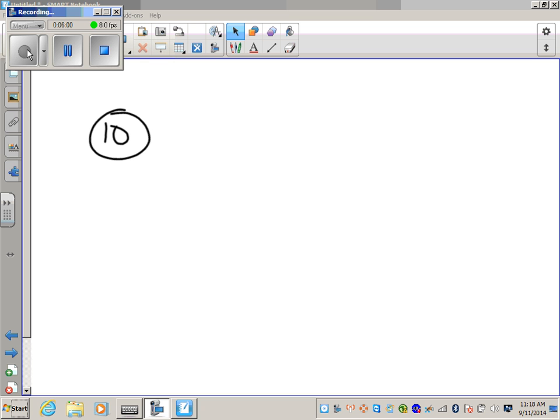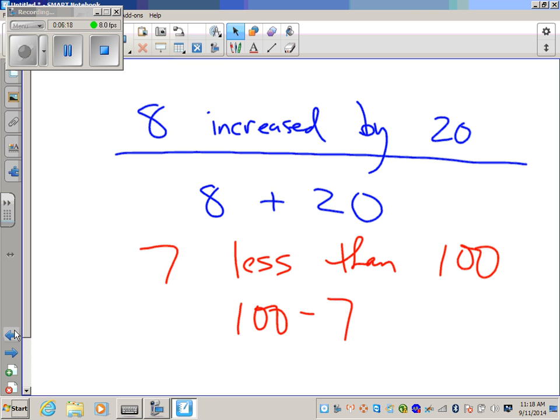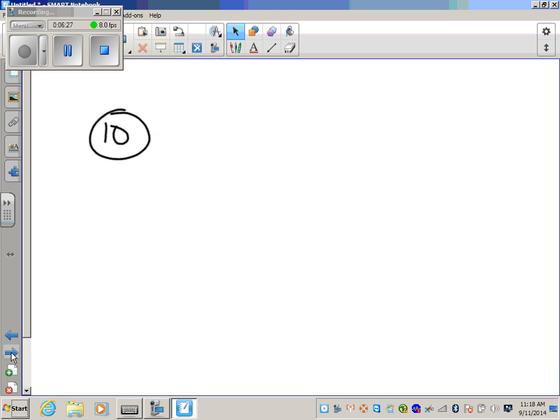Addition. Decreased is going to mean what operation? Right. So I'm going to have an addition and a subtraction sign in this expression. Now, how am I going to show 15 more than 60? If 7 less than 100 looked like this, what's more than going to look like?